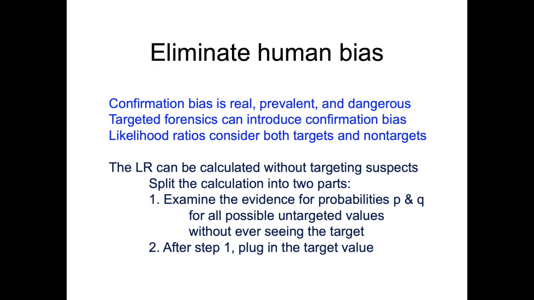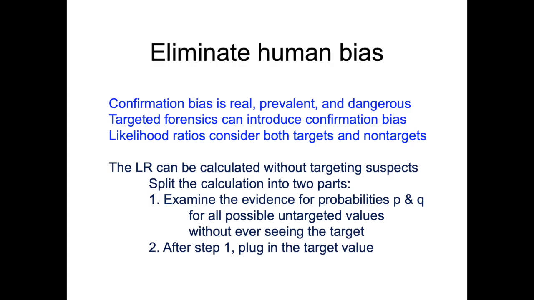Targeted forensics can introduce confirmation bias by focusing the evidence in a particular way on a particular suspect. Likelihood ratios help with confirmation bias because they consider both targets and non-targets.